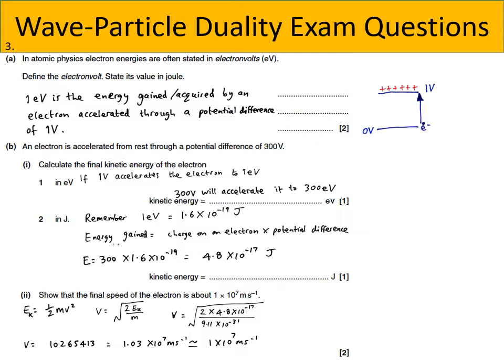So make sure that you write your answer to 3 significant figures first, just to show that it is approximately equal to 1 times 10 to the power 7 meters per second. Don't just write 1 times 10 to the power 7 meters per second. Make sure that you write the value first to 3 significant figures, so you can show that when you round it, you do get 1 times 10 to the power 7 meters per second.